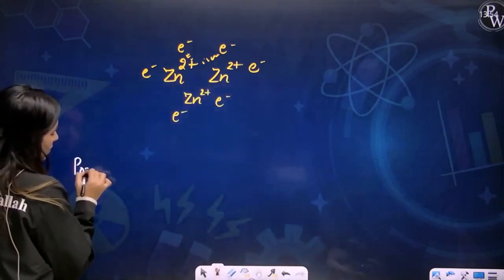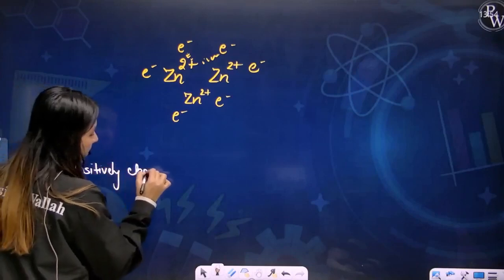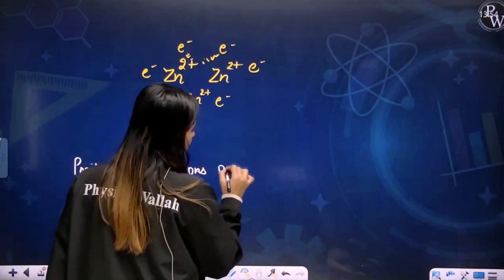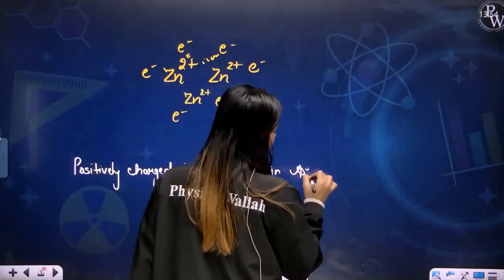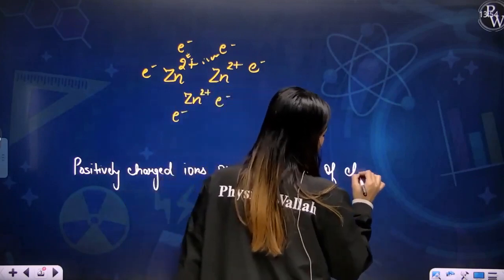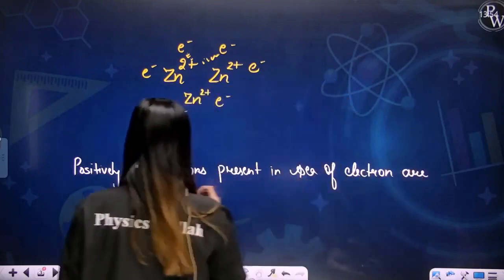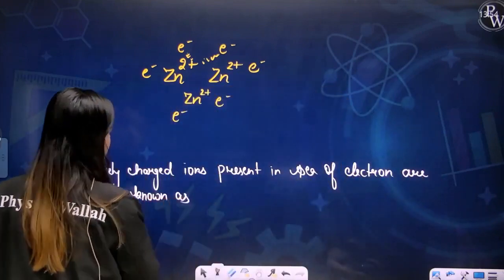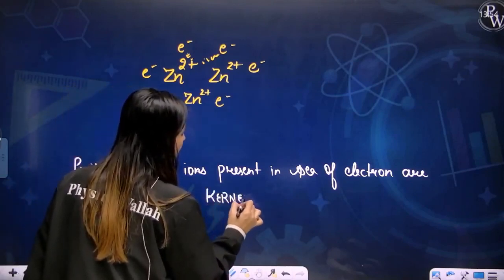Positively charged ions present in the sea of electrons are known as kernels.